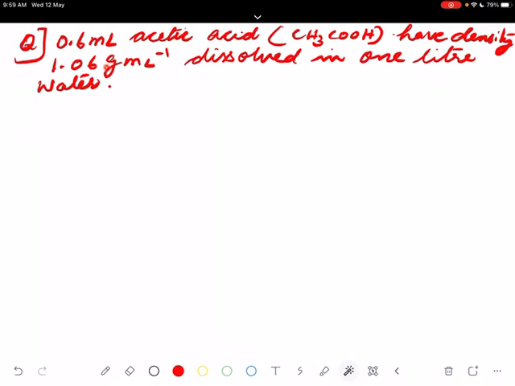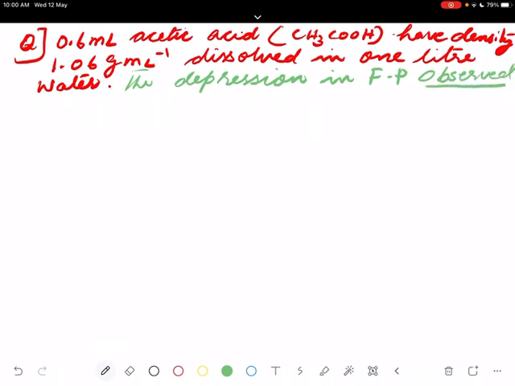Now the depression in freezing point. The depression in freezing point observed. We haven't done any numerical with this observed. Freezing point is a colligative property.